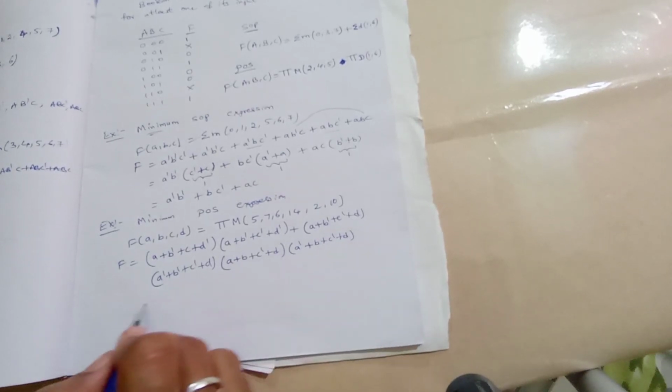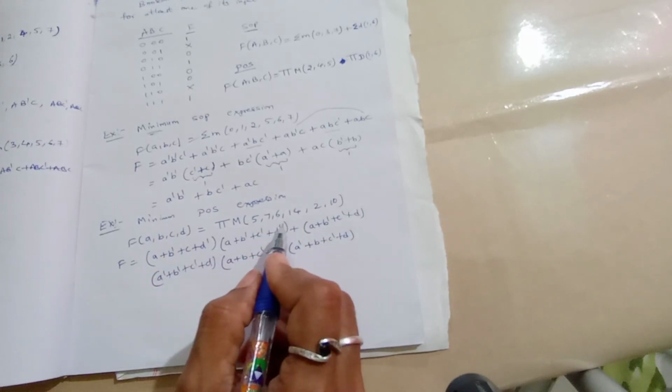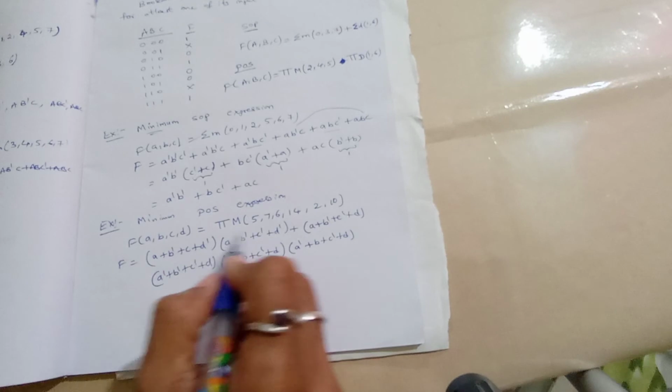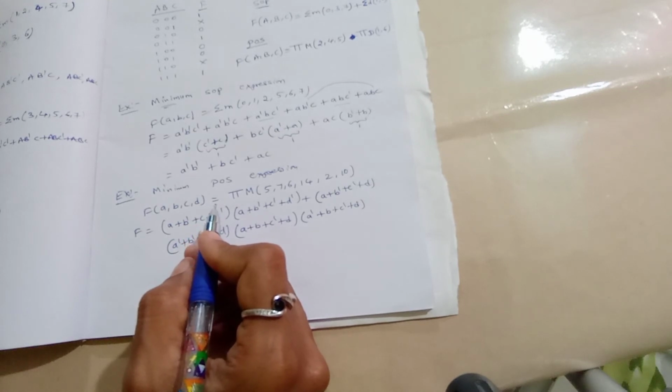This is how to write the POS expression for the given function. This is the given function. Now from this again we can take the common.